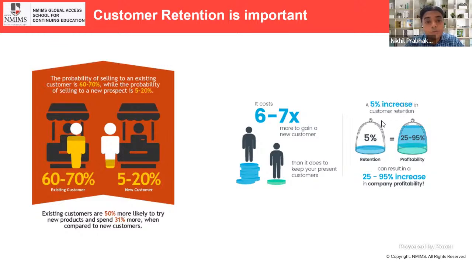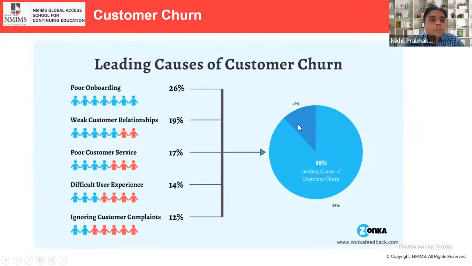If there are any issues, can we do cross-selling, upselling, but can we retain the customer? This is very critical for any company, whether you're working in the B2C market or B2B market. Now, following up from this concept, let's also look at the leading causes of customer churn, and you can relate to it from your own personal experiences.